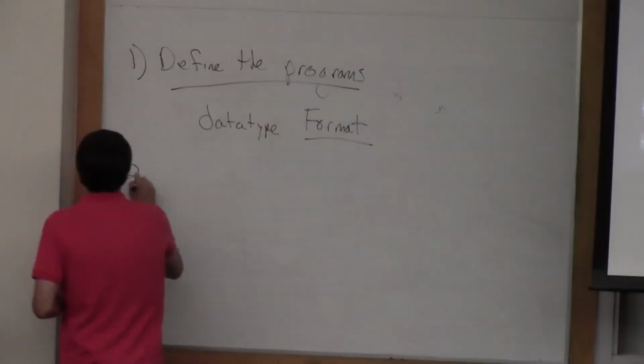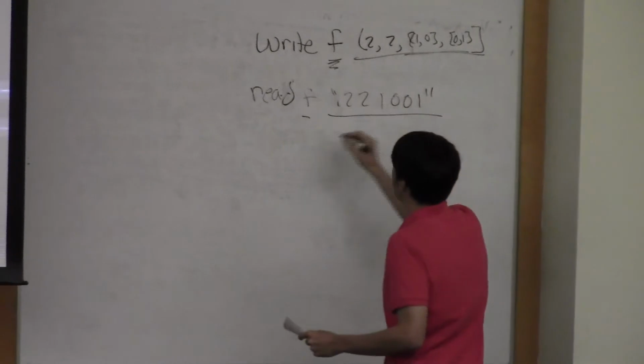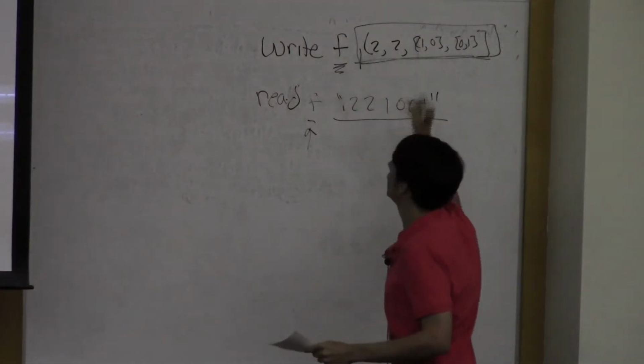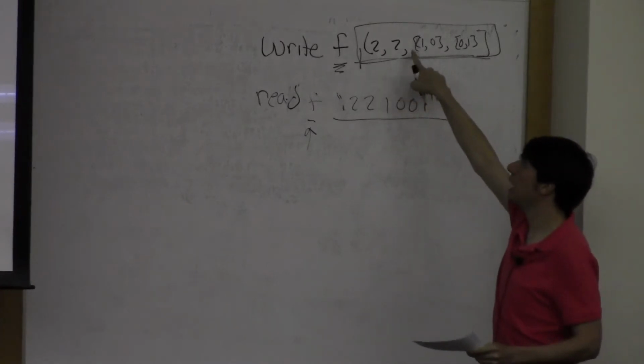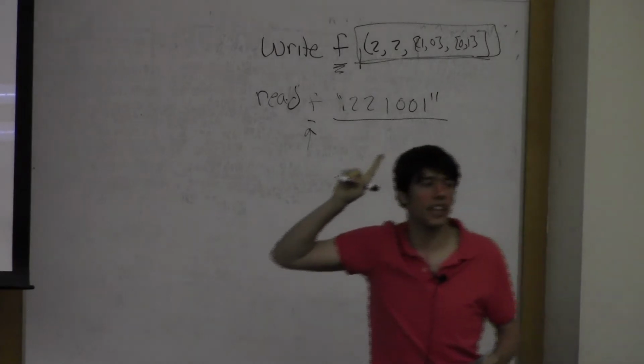Number 2, so how do we know that when we call read on this string with this format, we get back a value of this shape? Or how do we know that we're allowed to pass a value of this shape to write with that format?